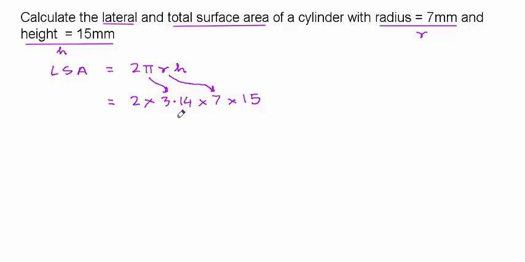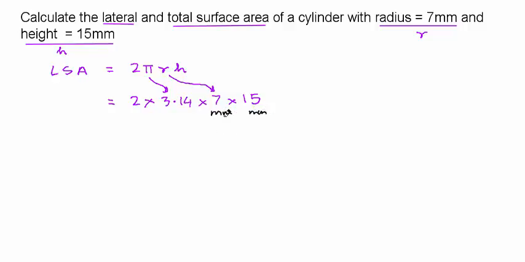Now you probably know that the unit of area is square units. The unit is millimeter in this case, therefore this is going to be square millimeter. But let me show you how this works. Because we are multiplying two dimensions, this r is in millimeters and this h is also in millimeters.